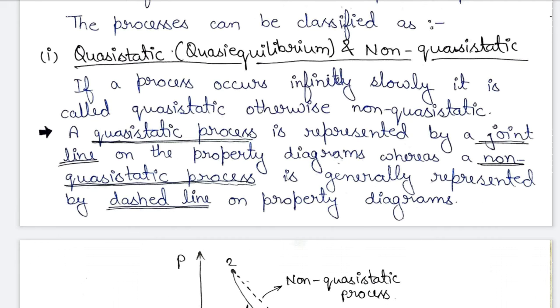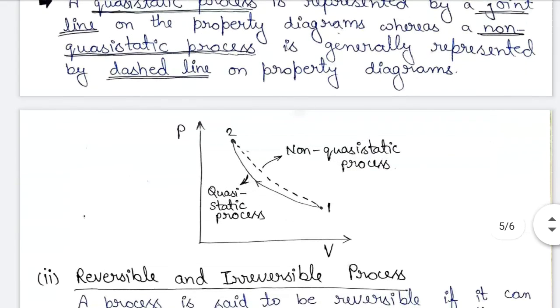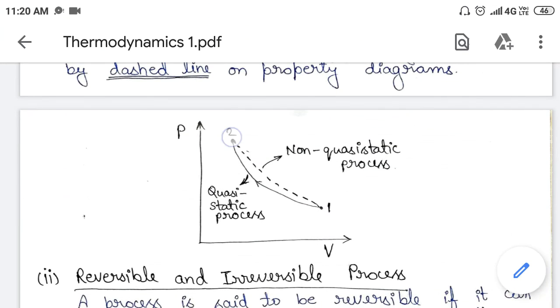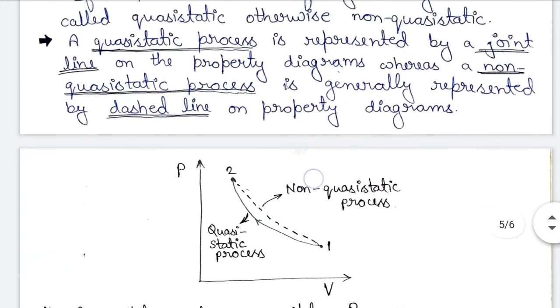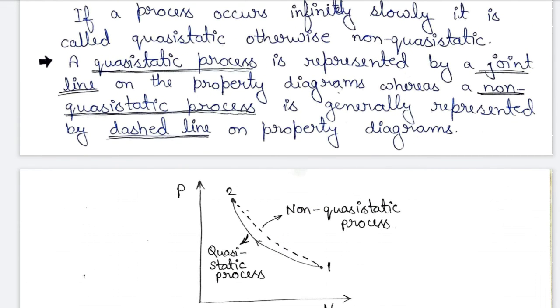So when a process goes from state 1 to state 2, it will move very slowly through infinitely many states. So this will be called a quasi-static process.